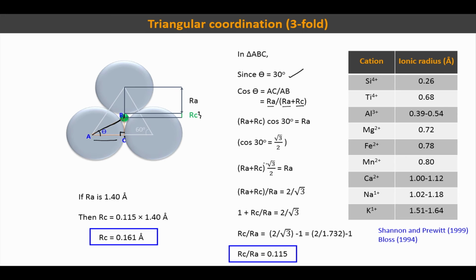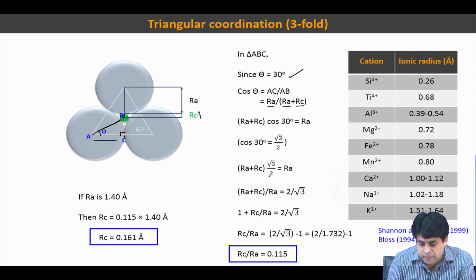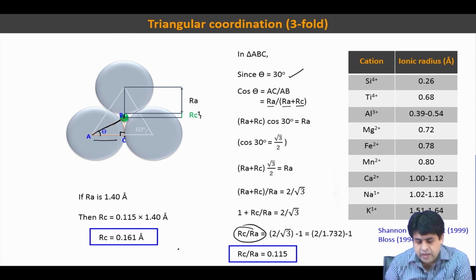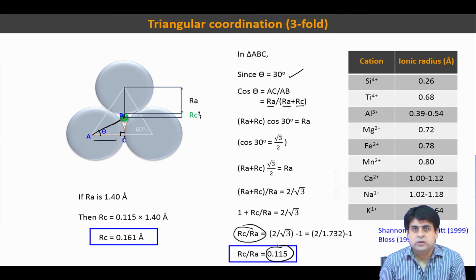So, when you simplify this, (Ra plus Rc) times root 3 by 2 is equal to Ra, and when you solve this you get Rc by Ra, which is close to 0.115. Okay.